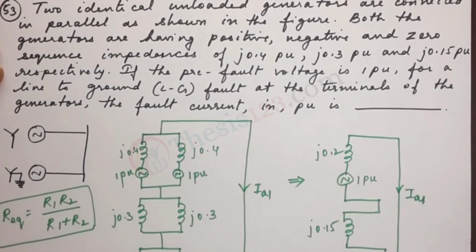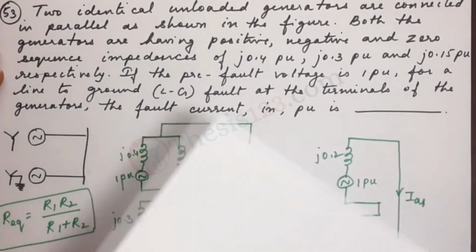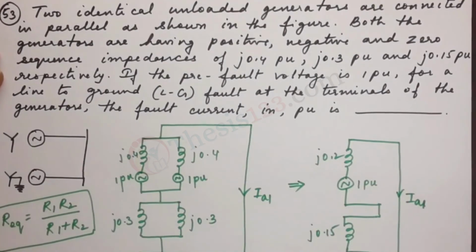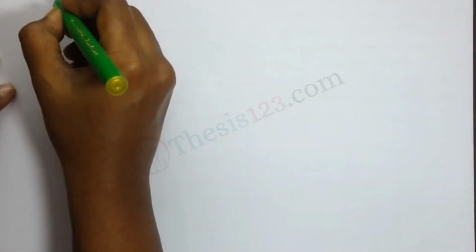Okay, so the next step is to find out what the current is, because that's what's been asked. If the pre-fault voltage is 1 pu for a line to ground fault, we are finding out the fault current. So let's calculate the fault current here, IF.